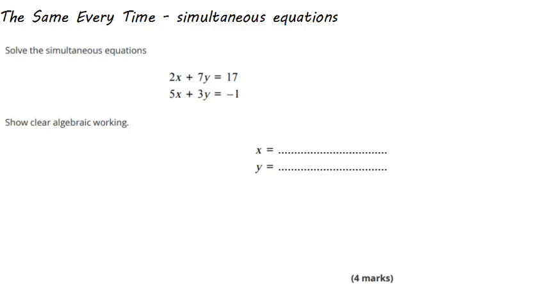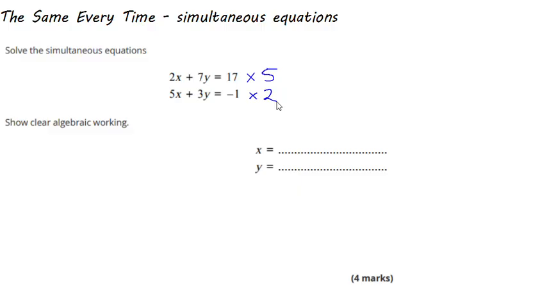The first move is to take our top equation and multiply it by the x number of the bottom equation. So the x number of the bottom equation is 5x, so I multiply the top equation by 5. The x number of the top equation is 2x, so I multiply the bottom equation by 2.